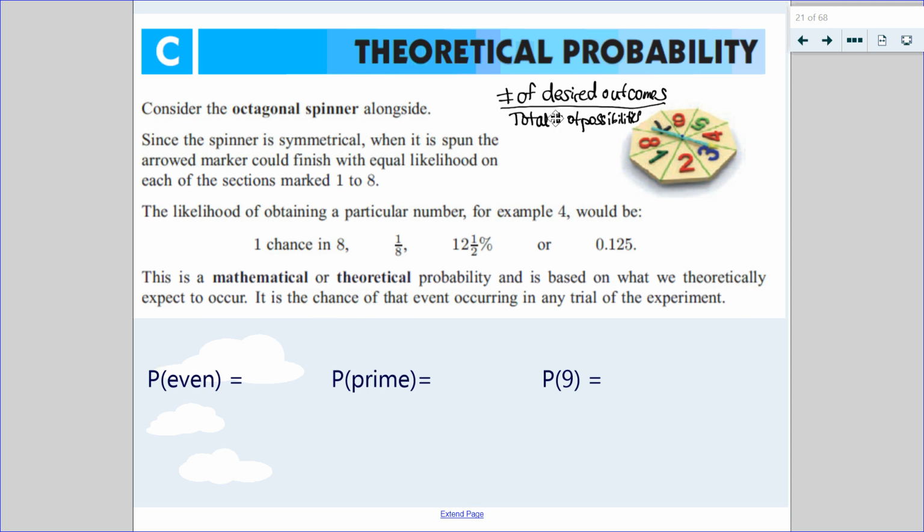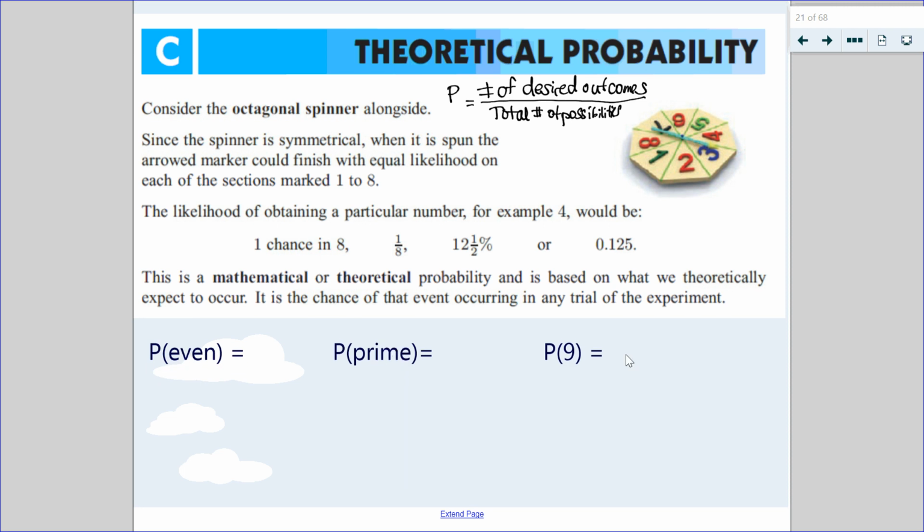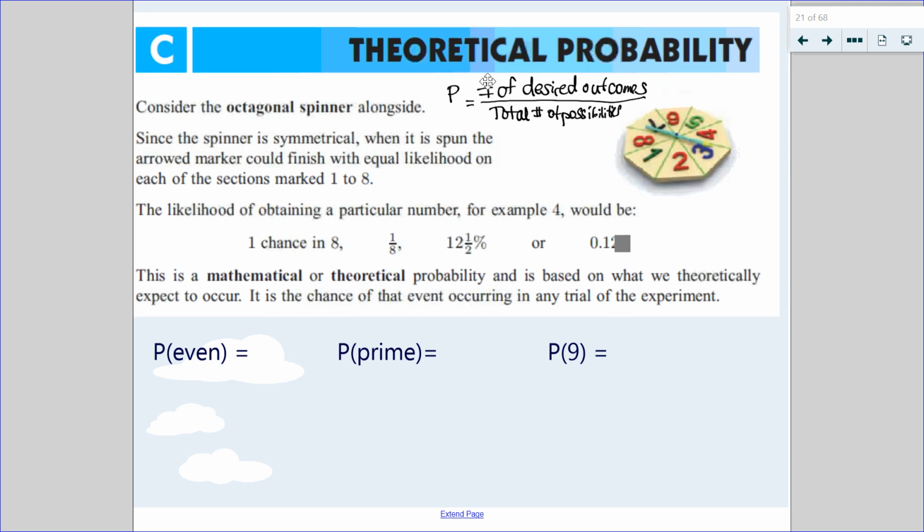So the number of desired outcomes over the total number of possibilities, and that is how you calculate a probability. And generally they use P to indicate probability. So that's why here at the bottom we have probability of even, probability of prime, probability of 9. So P of even, P of prime, P of 9. And that's how we calculate the probability.